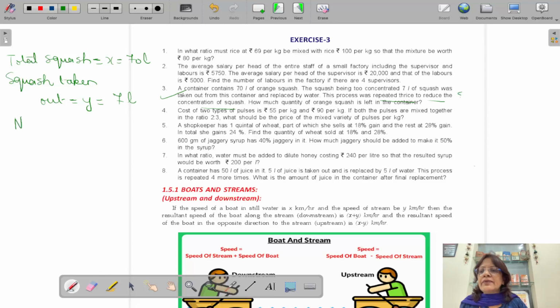The number of times the process is repeated, what is it? Thrice. Number of times the process is repeated is 3. So squash contained in the container, direct application of the formula.